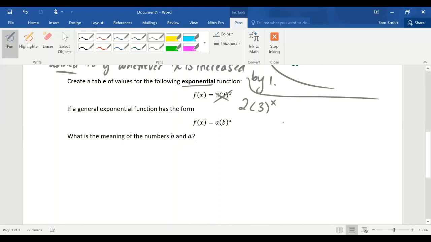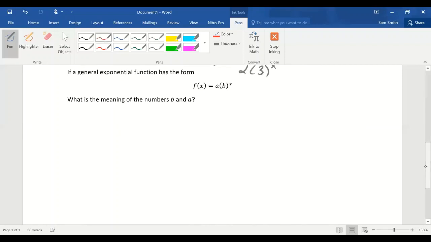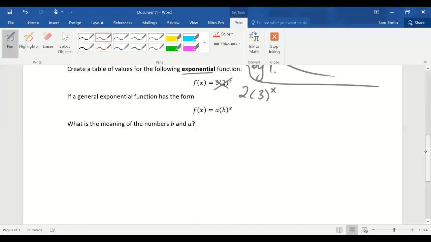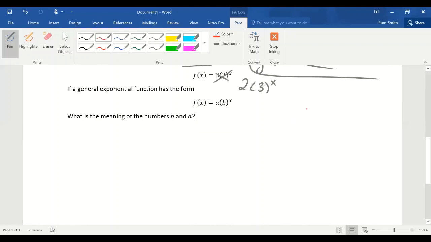This is a specific example of an exponential function which has the general form number in front times some other number being raised to the power x, not mx plus b or mx plus a, but a times b to the power x. So let's just do some initial calculations and build up a table of values here for this particular example.